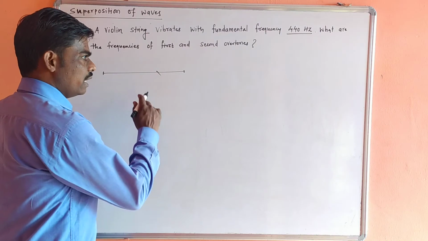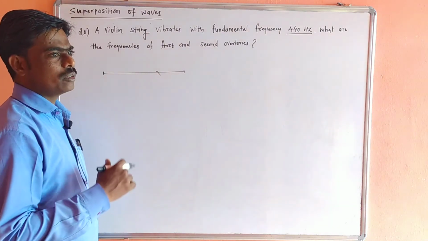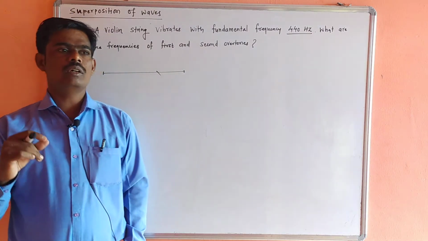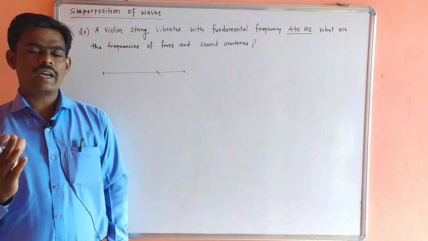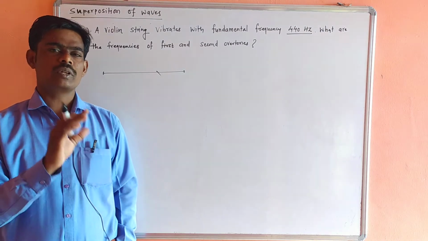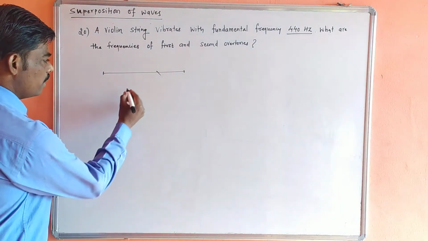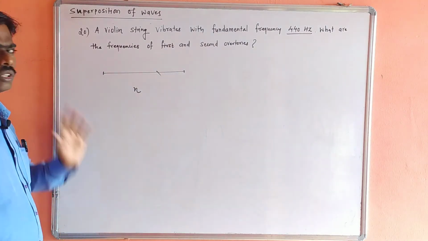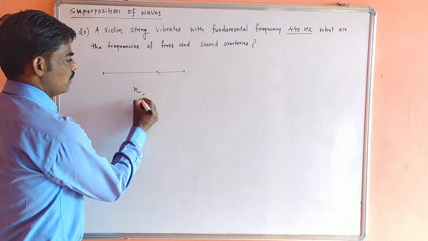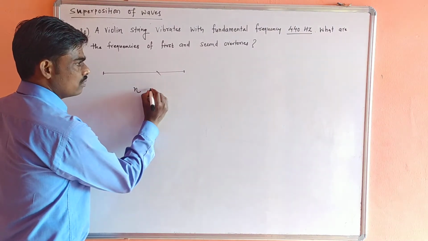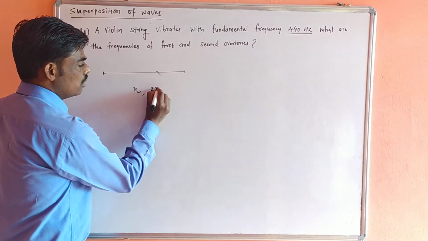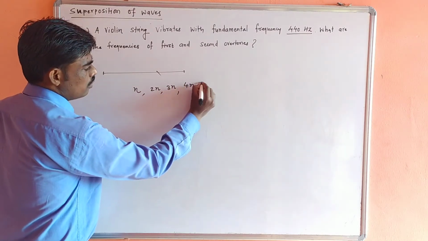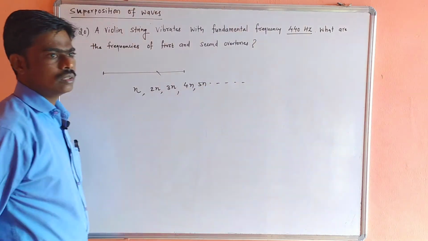So whenever any string vibrates with certain frequency, remember all possible harmonics, odd as well as even harmonics, are present in the vibration. So if the fundamental frequency of vibration of this string is n, then the next harmonic, that is the second harmonic, will be 2n, then 3n, then 4n, 5n, and so on.